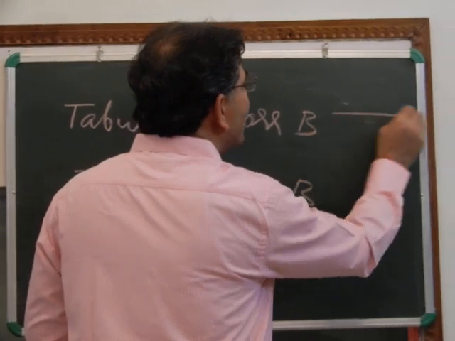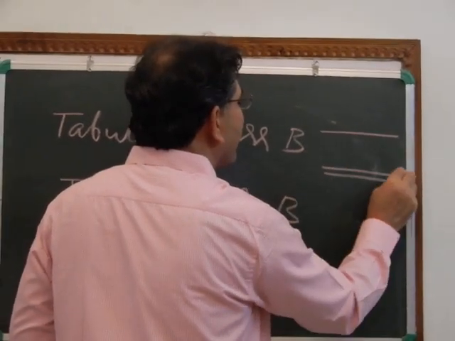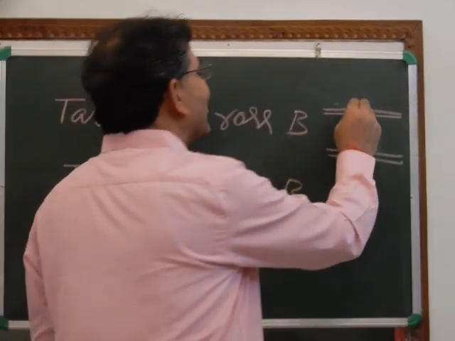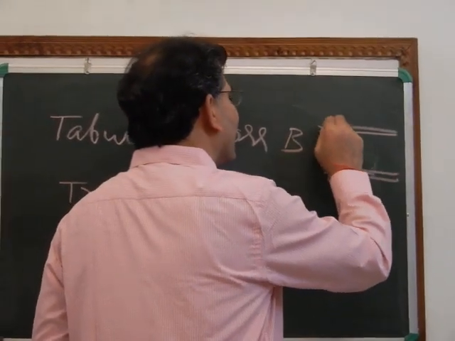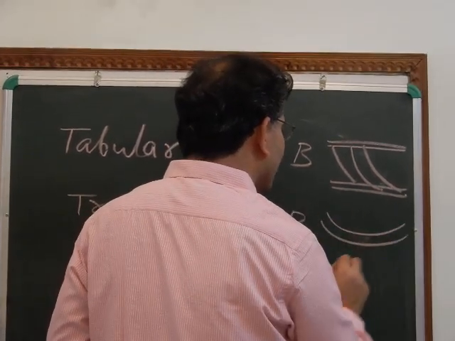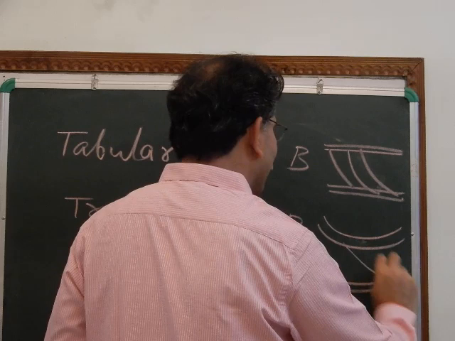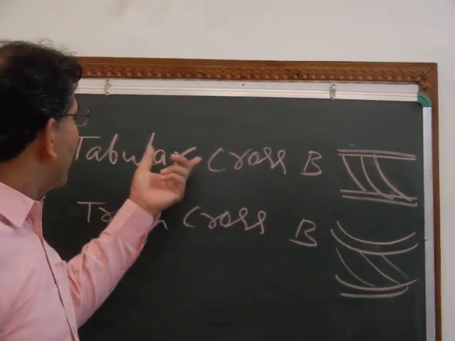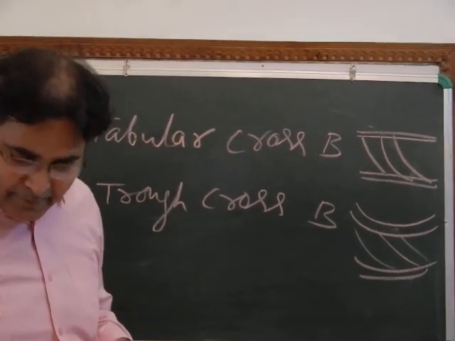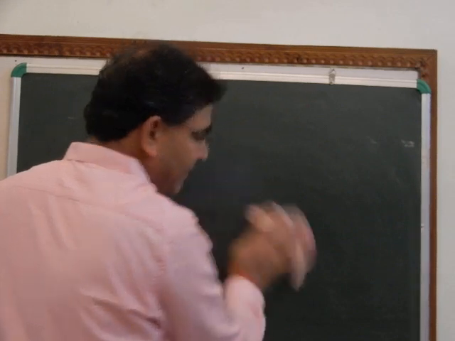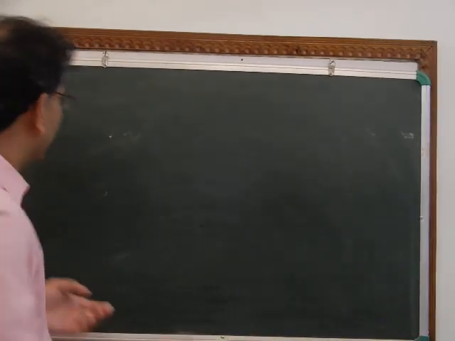If the bounding surfaces are parallel, horizontal, then that is known as tabular cross bedding. And if the bounding surfaces are curved, then that is known as trough cross bedding. The tabular cross bedding is again divided into two: the planar cross bedding and the tangential cross bedding.